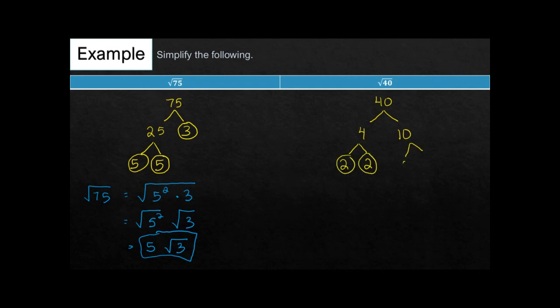And then 10 is 2 times 5. So our prime factorization, we have the square root of 40 is equal to, and then we have 2 times 2 times 2. So we have 3 2s, so it's 2 to the 3rd power times 5.